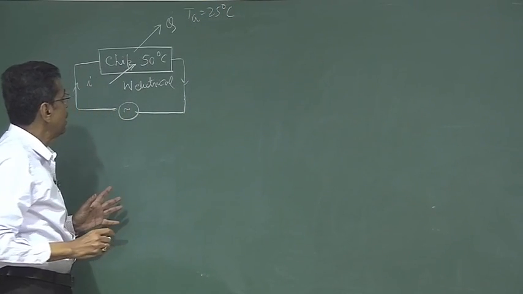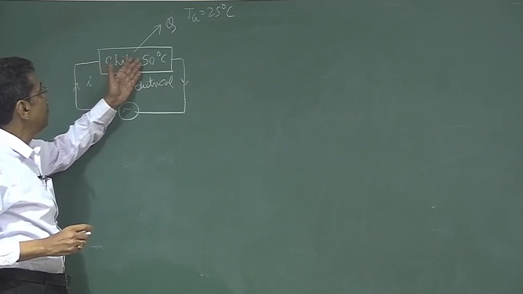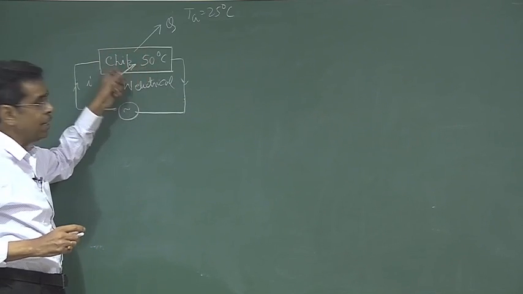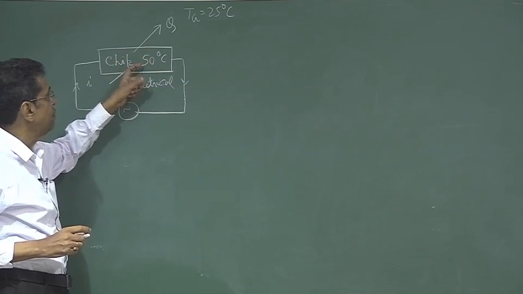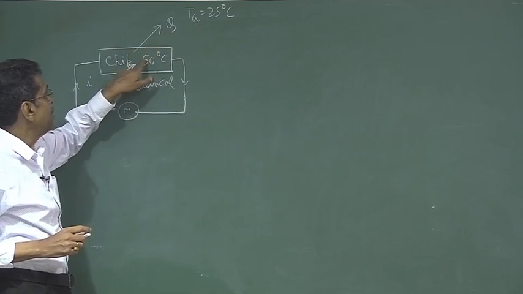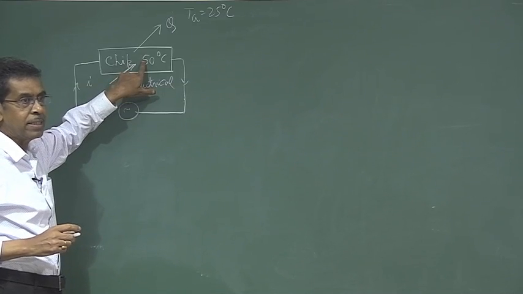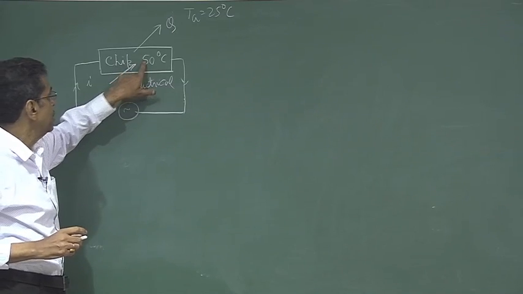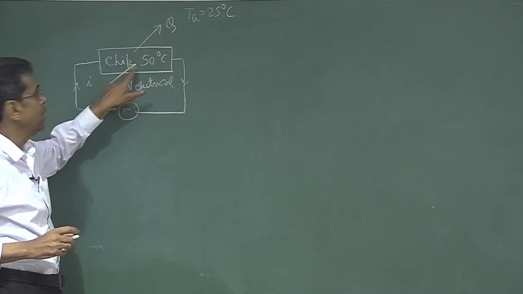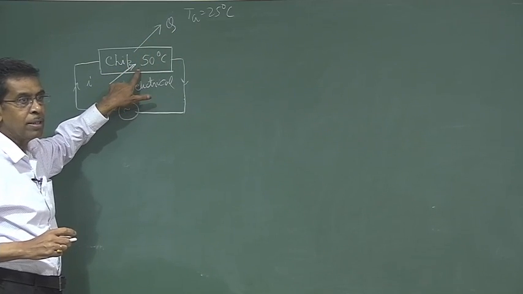And in such a way that the temperature is 50 degrees Celsius at the chip surface, consider it in the chip itself. The chip is a very thin material, so it is at 50 degrees Celsius at steady state, and doesn't change. That means the heat which is transferred is given by the electrical work, steady state.